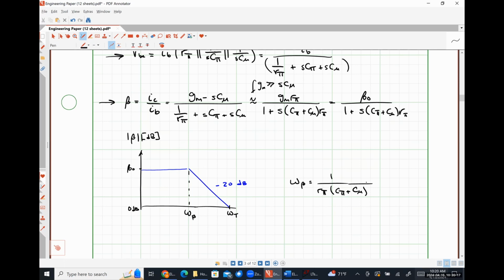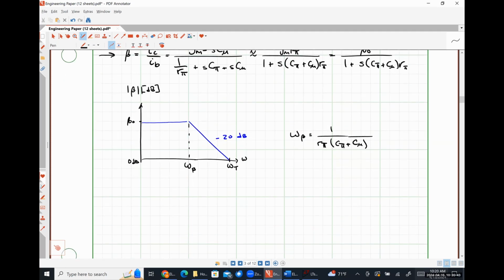Nothing particularly wild or crazy about that. Omega T, let's talk about what that represents. Omega T represents the frequency at which beta is 1. Right? Because when we're at 0 decibels, that means we're at 1. Okay?